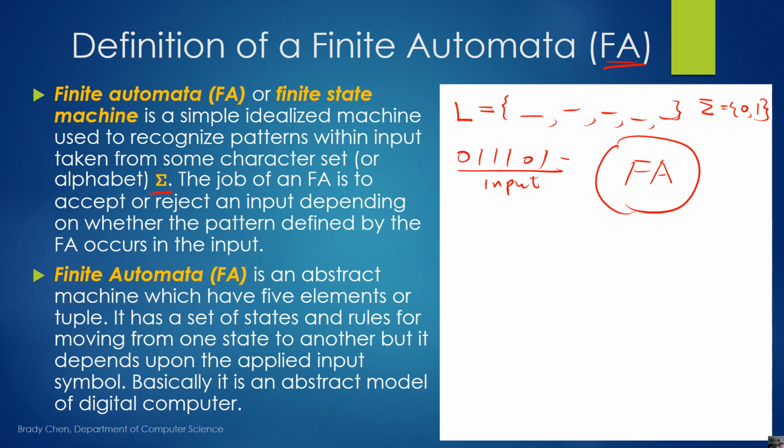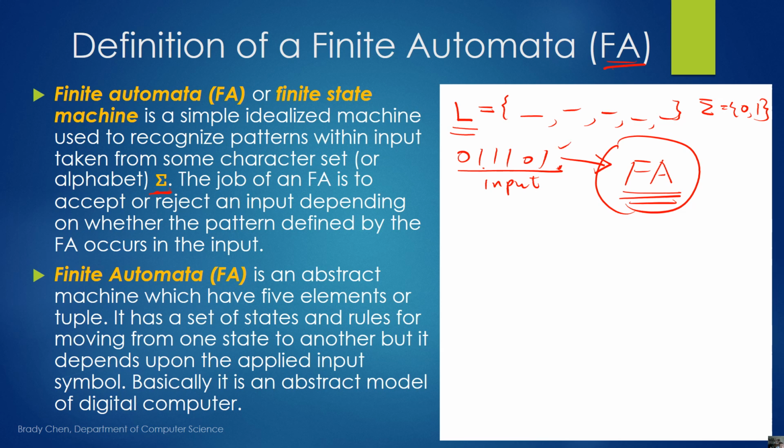We need to build a finite automata to check whether that string satisfies the criteria, or whether that string is part of the language L. The finite automata eventually ends up with the conclusion that we accept that string or we reject that string.